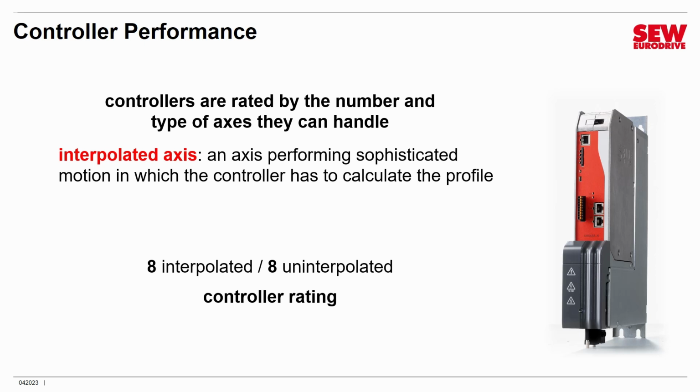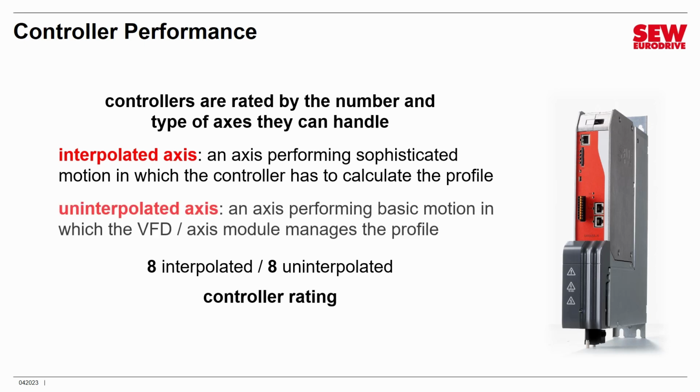VFDs can do things like that. They can do basic motion just by being told to start and stop. That's an uninterpolated axis. The controller just has to issue a few simple commands, and the VFD can do the rest. So that is what an uninterpolated axis is. It's an axis performing basic motion where the VFD, or if it's a MOVI-Drive Modular, an axis module, is managing the profile. So that's the difference.